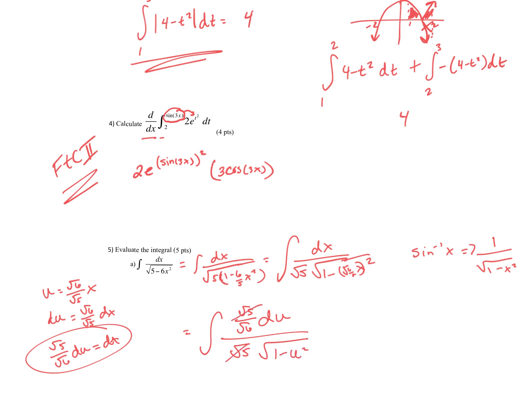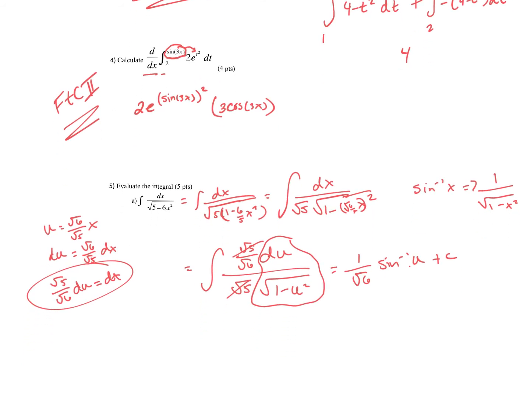The root 5s will cancel out. The du over square root of 1 minus u squared, that is exactly the sine inverse. So automatically this goes to 1 over root 6 sine inverse u plus c. Final step, 1 over root 6 sine inverse of root 6 over root 5 x plus c.